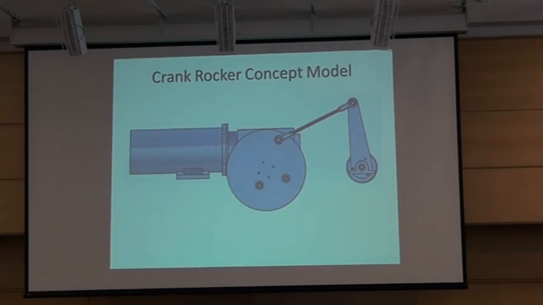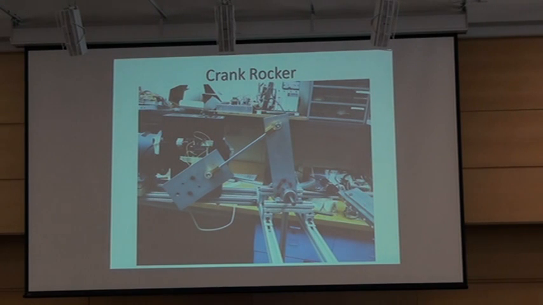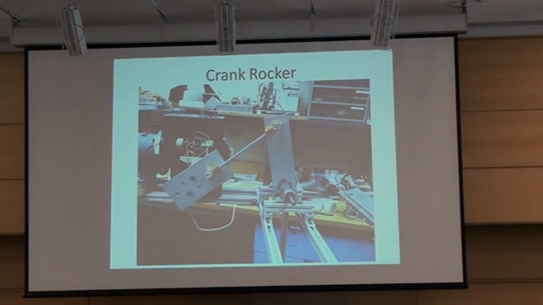So we go back to our 3D model, and this is the 3D model that came from the line diagrams that I just showed you, shown without the linkages on top. And this is the crank rocker that we actually made and fabricated. As you can see, there's no flywheel, partially because of the materials that we had.